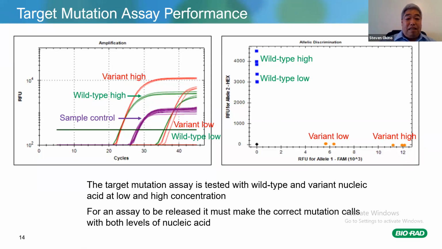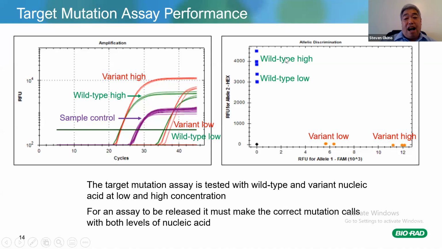So there's some where I put variant at high concentration, wild type at high concentration, variant at low concentration, which is out here. The Cq values are in the 35 range. Wild type at a low concentration. And also in this one, we have a sample control, which is consistent across. And if you look at this data here and put it through allelic discrimination, you can see everything did cluster correctly.